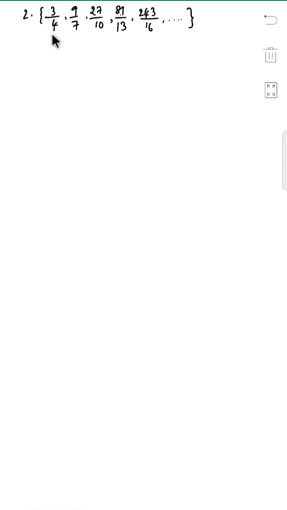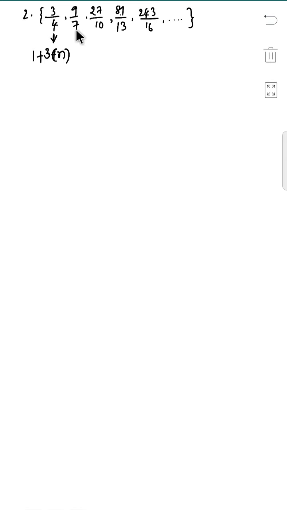Now the denominators. We try to generate the denominator in terms of 3n, 1 plus 3n.